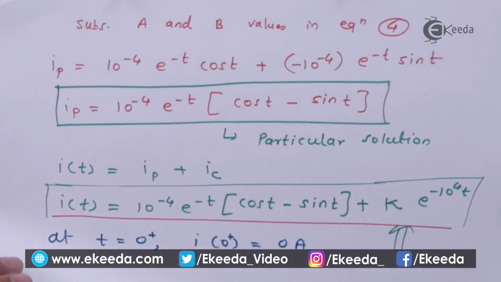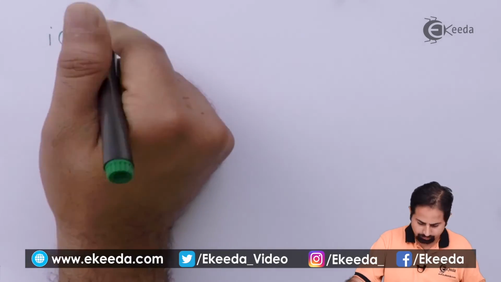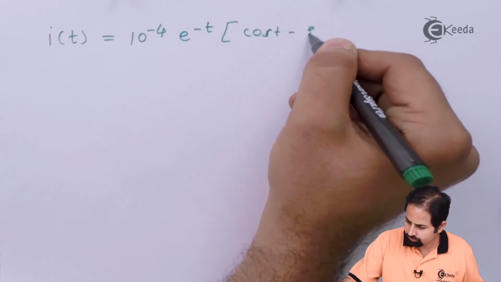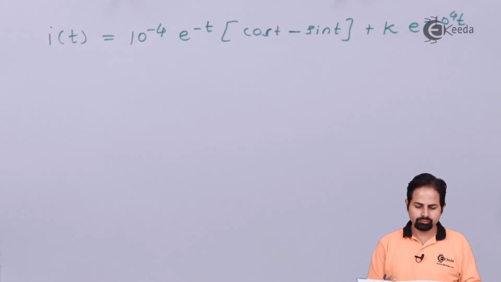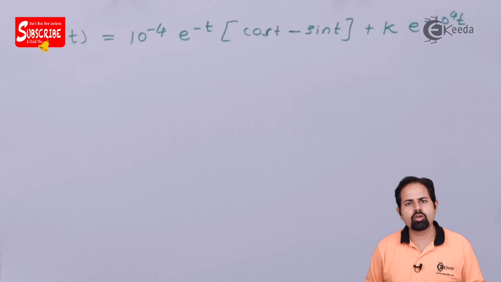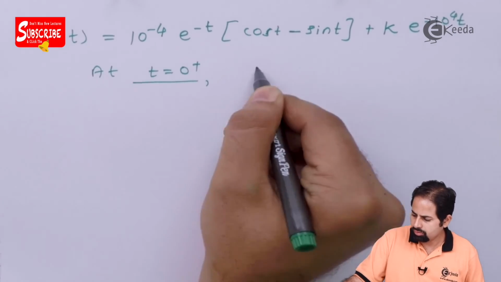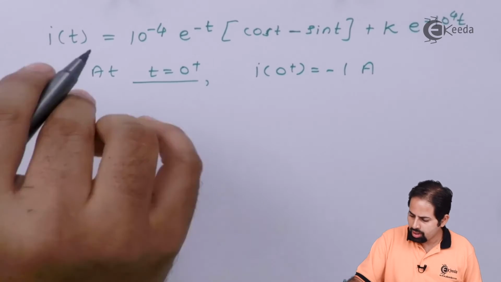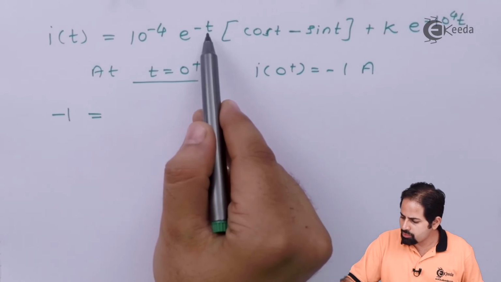So I'll write this equation for this problem number 7. And now, if I want to get the value of k, I will put in the initial conditions. This is the difference: the current is minus 1 ampere, so this minus 1 will come here, and you put t equal to 0.